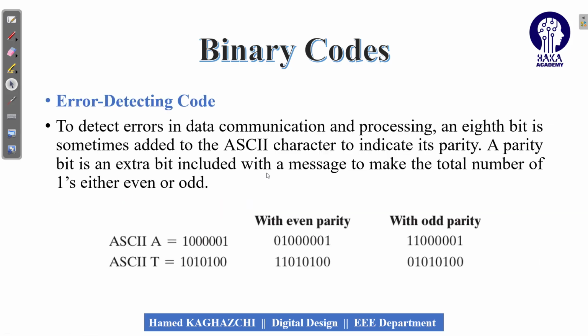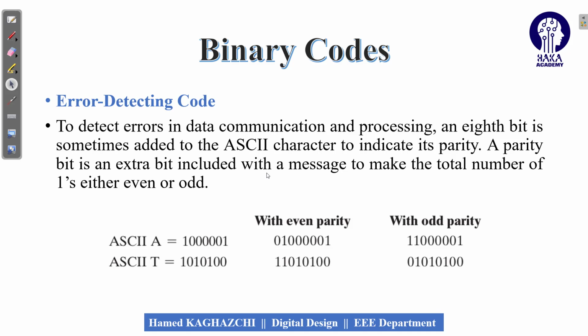The last binary code that we will consider in this course is the error detecting code. What is the error detecting code? As you see, we can represent the ASCII code with 7 bits. Now, normally we like to represent information with 1 byte, which is equal to 8 bits.